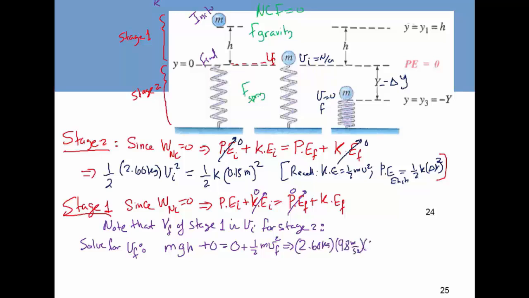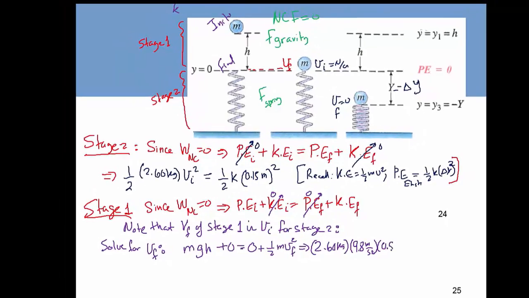The height is 55 centimeters, we convert it to meters, so it's 0.55 meters. This is equal to the right hand side, which is 0 plus 1/2 m v squared. m is 2.6 kilograms times the velocity squared, and that's our unknown for stage 1.